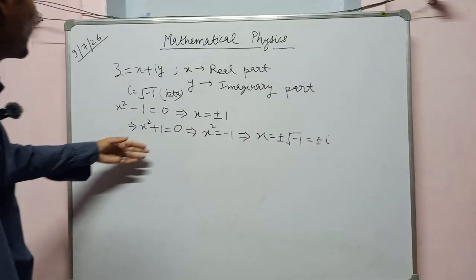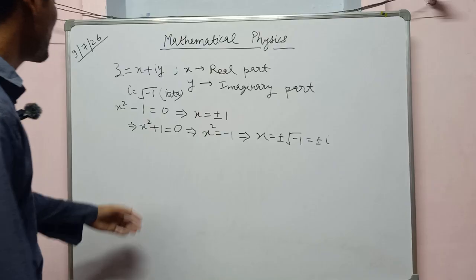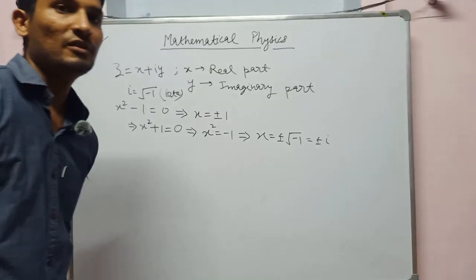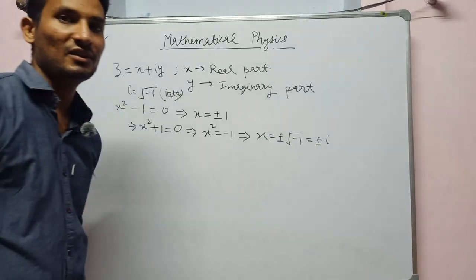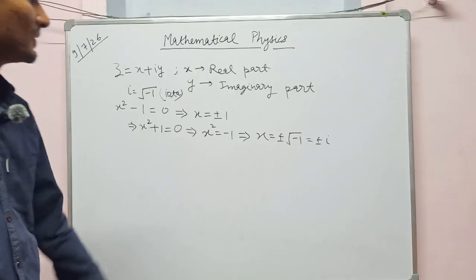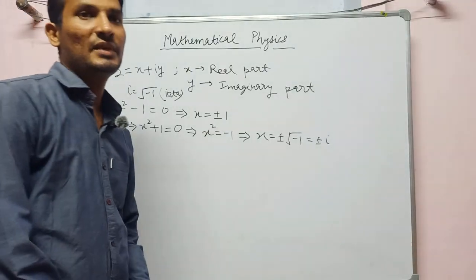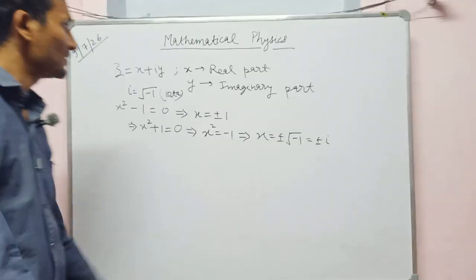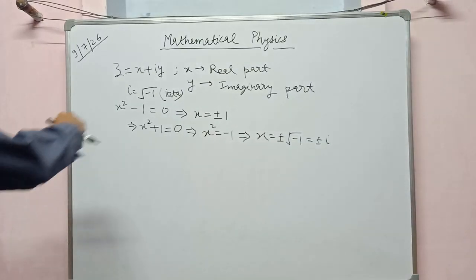So that is the origin which is required for further evolution of mathematics at the physics level. You will be encountering these complex numbers in quantum mechanics and many applications in Fourier series and many engineering sciences. That is beyond our scope.